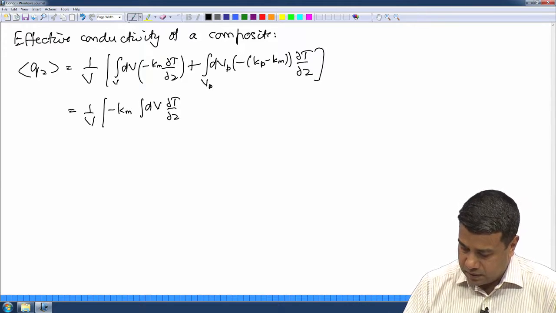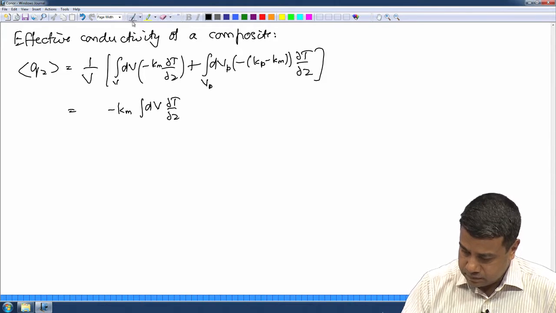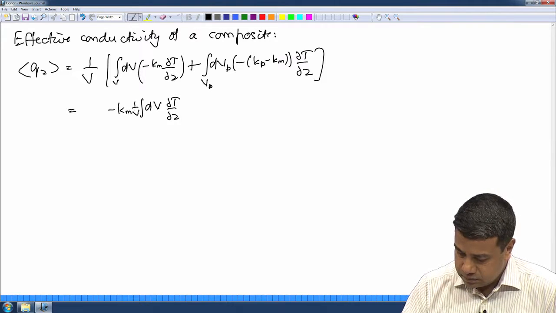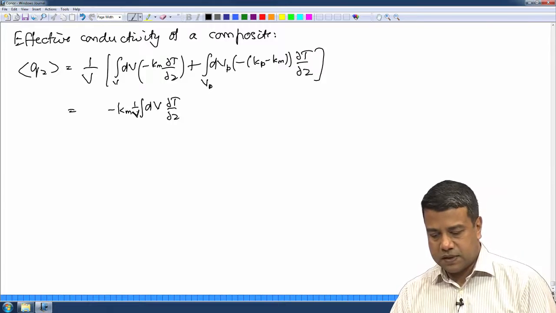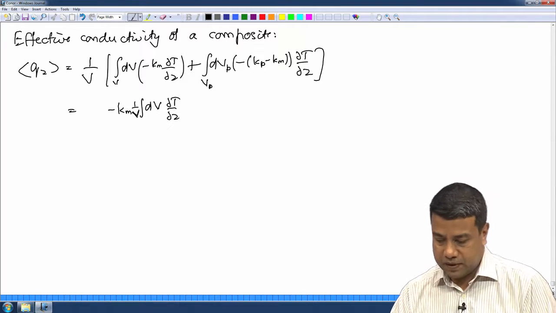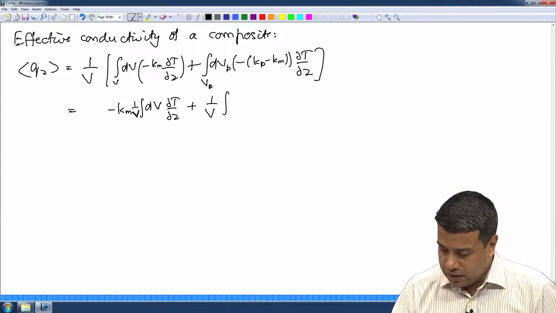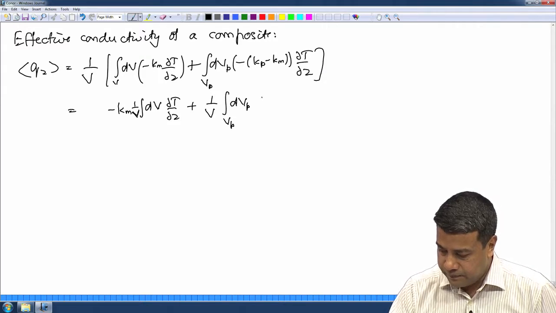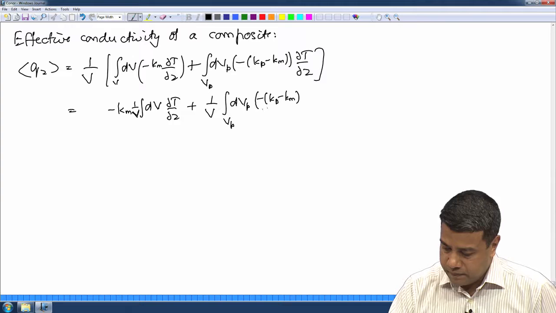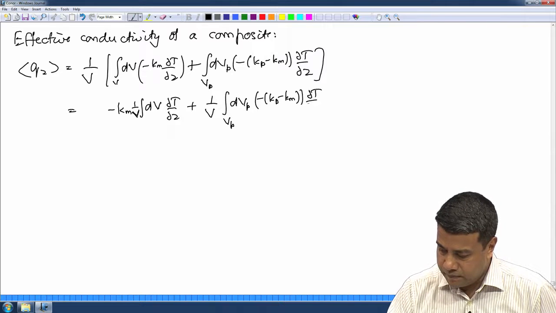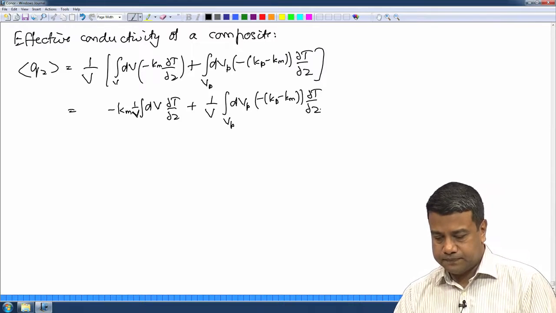This first term is an integral over the entire volume. And the second term is going to be 1 over the total volume, integral over the particles of the temperature gradient.